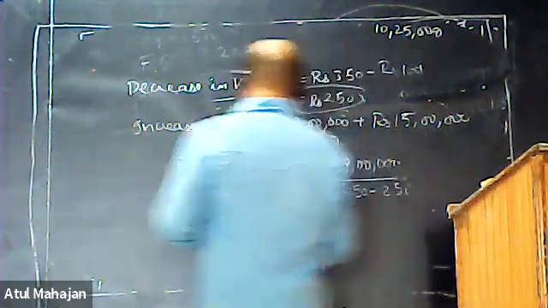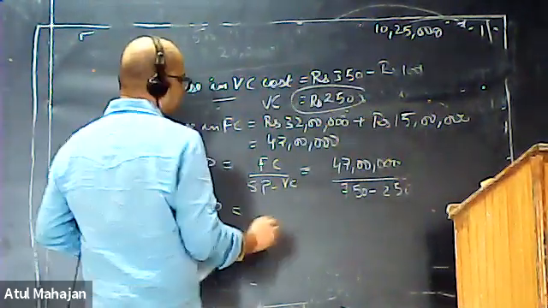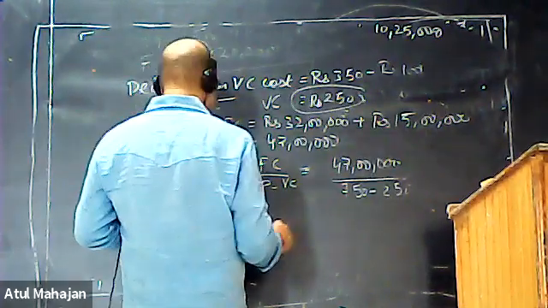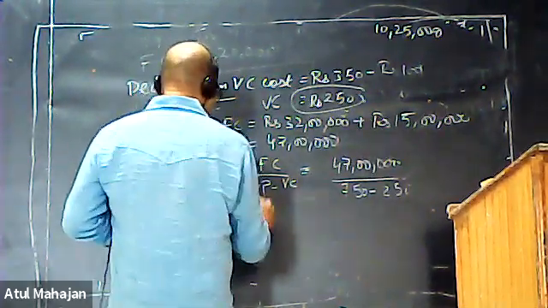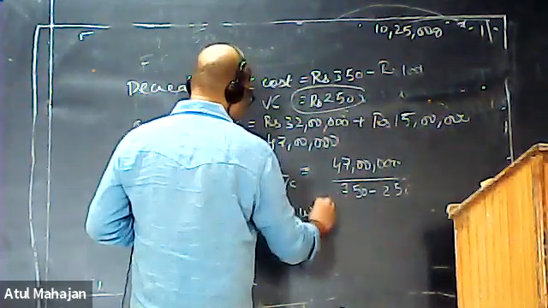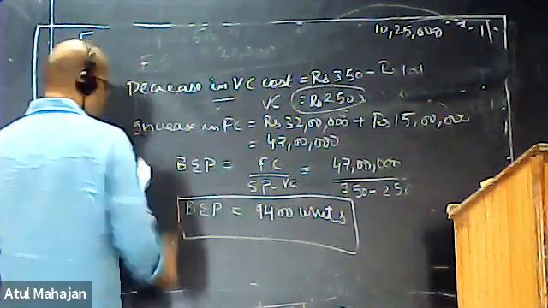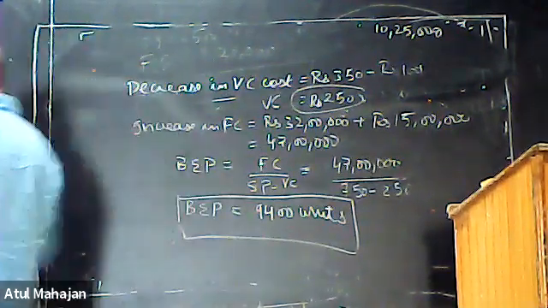So break-even point is 47 lakhs by 750 minus 250. It is near about 9400 units.